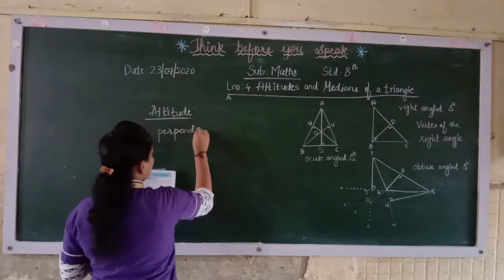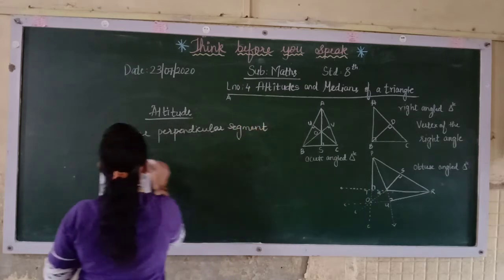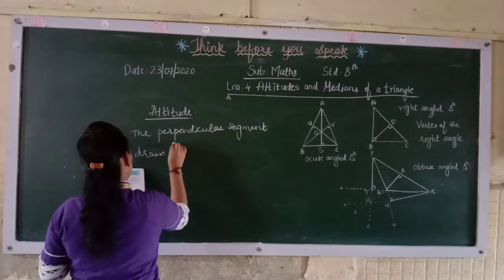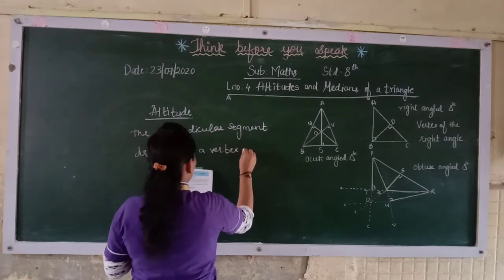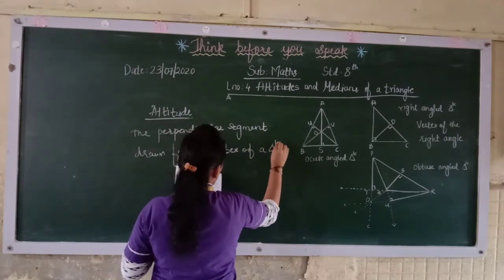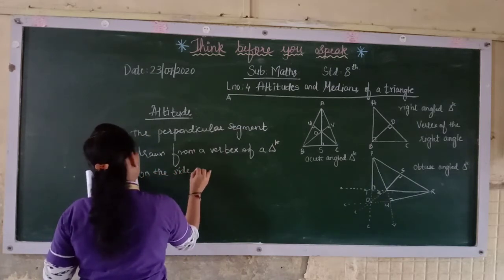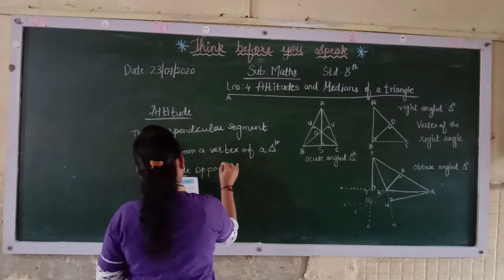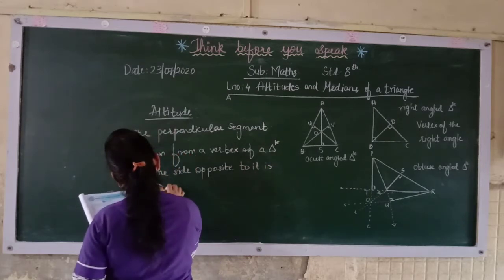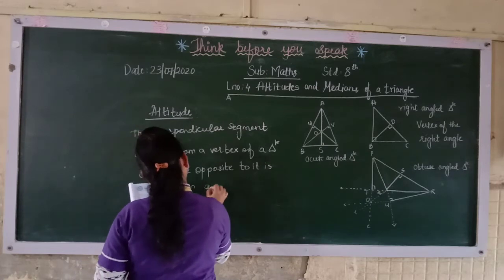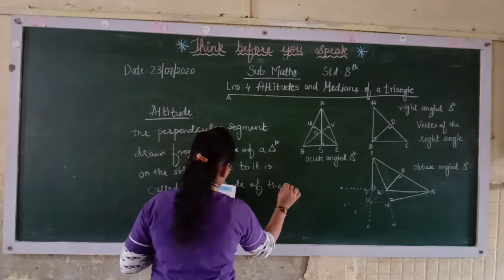The perpendicular segment drawn from a vertex of a triangle on the side opposite to it is called an altitude of the triangle.